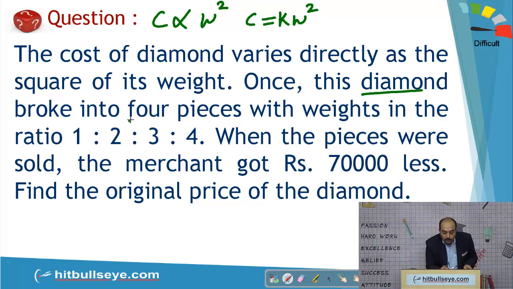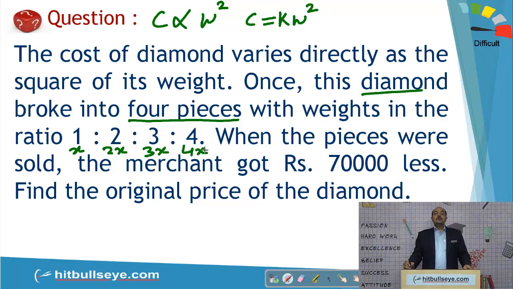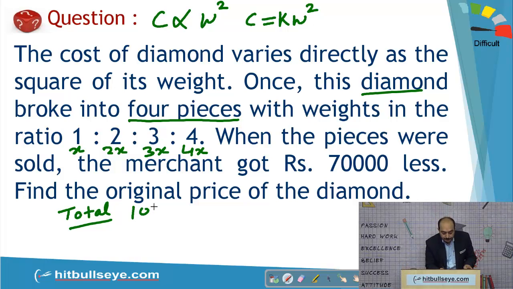So this diamond broke into 4 pieces. If the ratio is 1:2:3:4, can we take the weights as x, 2x, 3x and 4x, which means the total weight of the diamond becomes 10x. We have added all the values. Moving on, when these pieces were sold, the merchant incurred a loss of 70,000, which means we need to take the difference of the cost, and it's proportional to the square of the weight.